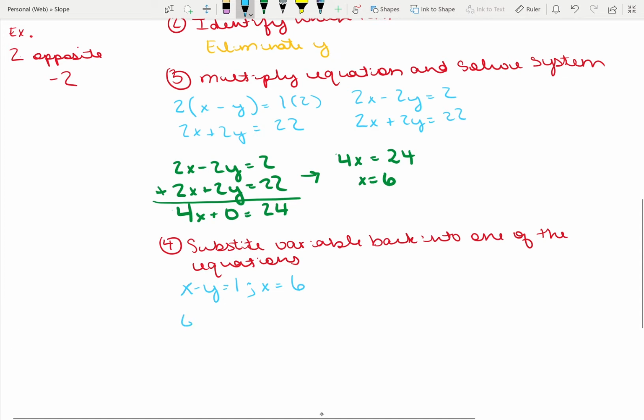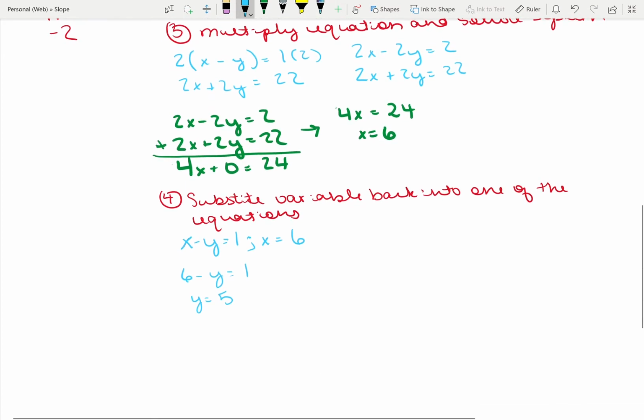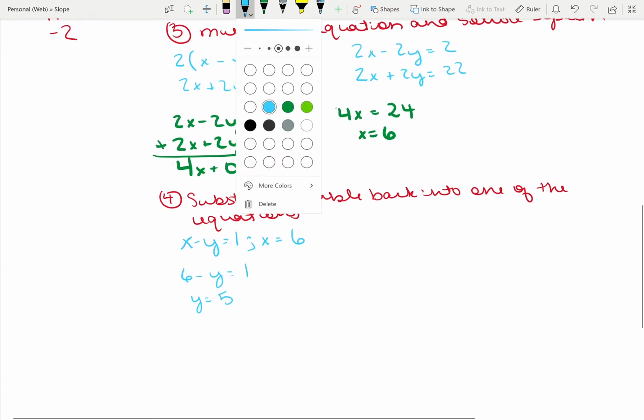So we have 6 minus y is equal to 1, and we find that y is equal to 5.